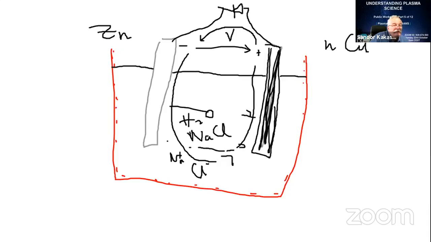If this current is not limited by the LED or other load in the circuit, in that case this current will have a stronger effect to dislocate such particles of zinc, which will tend to travel to the copper, and on their way they will combine with the oxygen ions from the water, and it will create some kind of zinc oxide. So this is why you get zinc oxide.